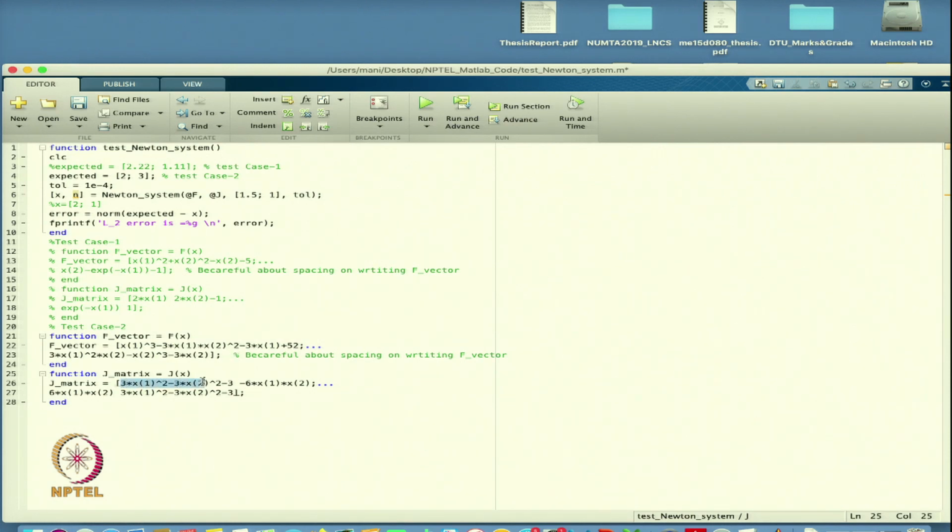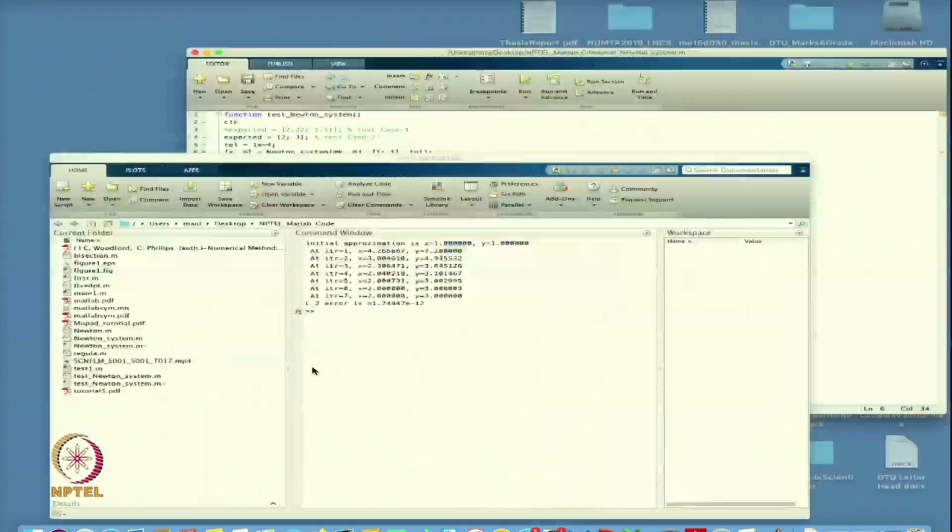And the Jacobian we have defined. So, that is the fx value, this is fy value, this is my gx value and this is my gy value. Based on this I am giving you the Jacobian. So, the Jacobian we are getting, and I am expecting the value 2 3 as the root of this one. So, we will start with the same initial condition and run this and let us see.